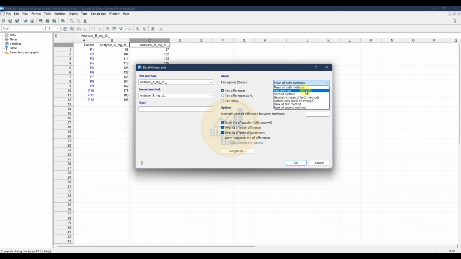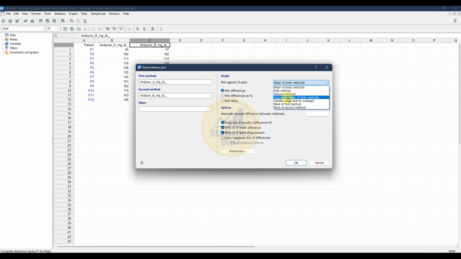The next one is the first method, where the x-axis contains the method 1 value only. This is useful when method 1 is a good standard. The next one is the second method, where the x-axis contains the method 2 value, useful when method 2 is considered the reference value.